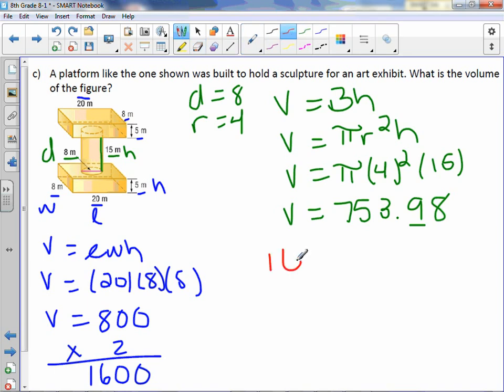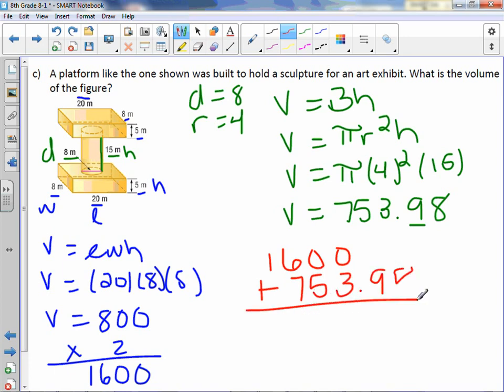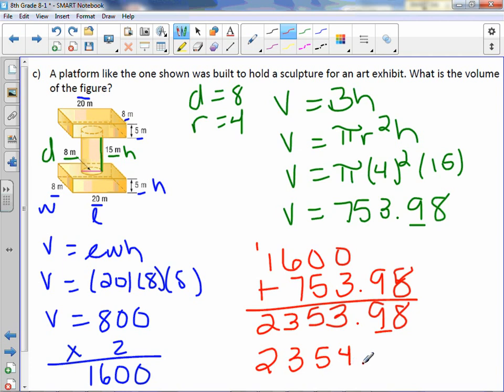We take our 1,600 plus our 753.98, add them together, and round this value, so we get 2,354.0 meters cubed.